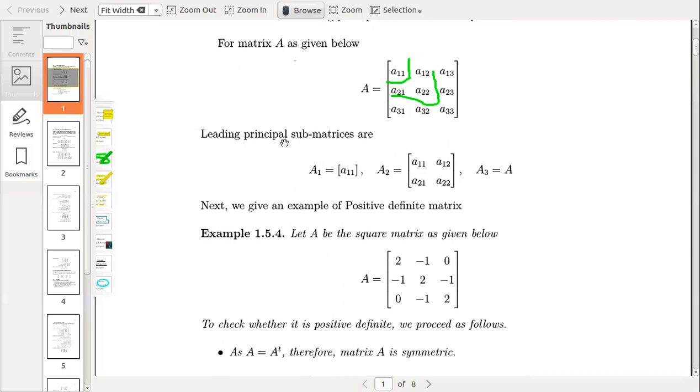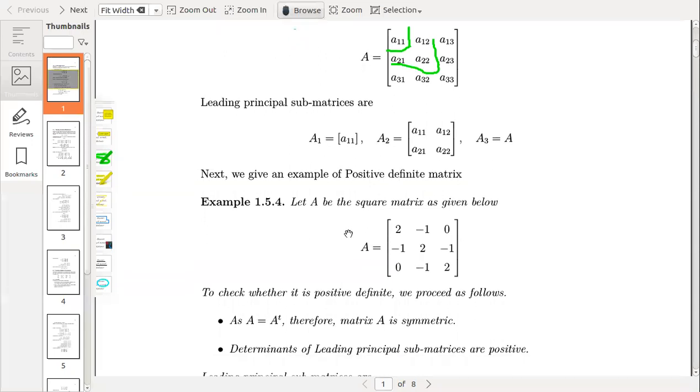So we construct the leading principal submatrices like this. A1 is the matrix of order 1, A2 is the matrix of order 2 by 2, and A3 is the matrix of order 3 by 3.